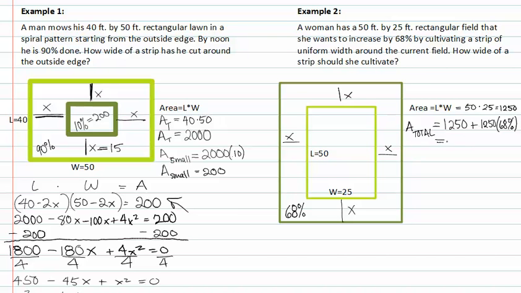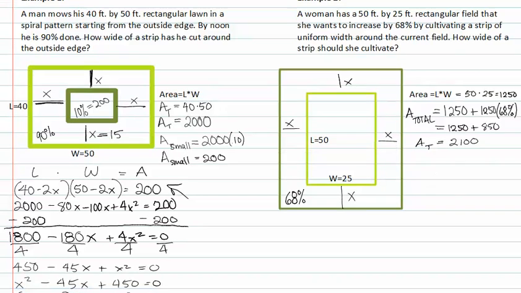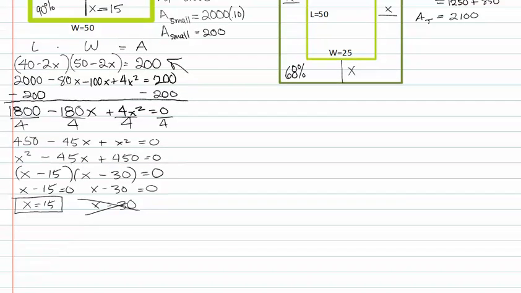This gives us a total area for the entire new cultivated field of 1,250 plus 850 square feet, or total 2,100 square feet. Now we can write an expression for the increase.